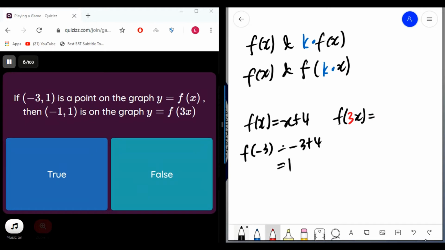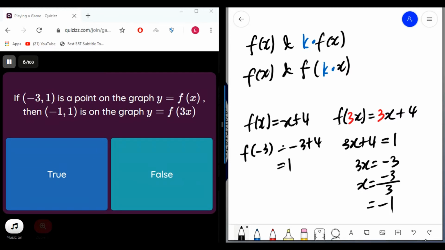It means 3x plus 4. We want the y coordinate to be 1, like f(x), right? So 3x plus 4 equals 1, and 3x equals negative 3. x equals negative 3 divided by 3, which equals negative 1. Look at the question. Negative 1, 1, it is true.